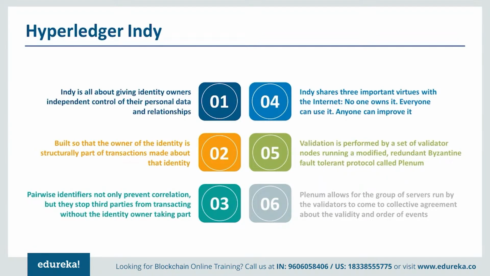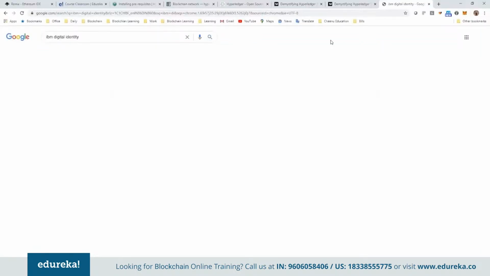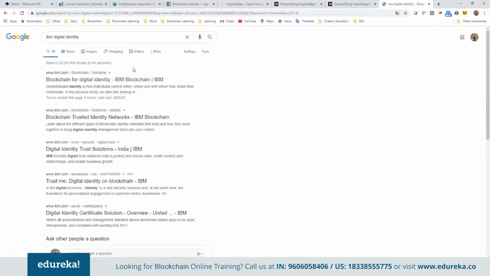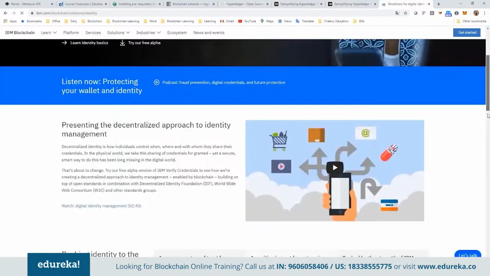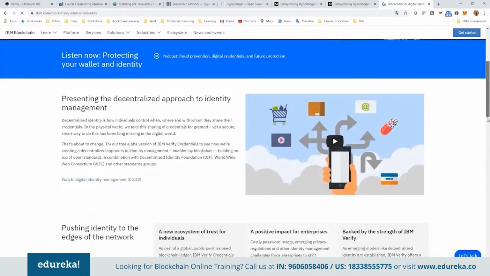In fact, there is a product by IBM on digital identity which uses Hyperledger Indy. This is the product that IBM has developed using Hyperledger Indy, a decentralized approach to identity management.